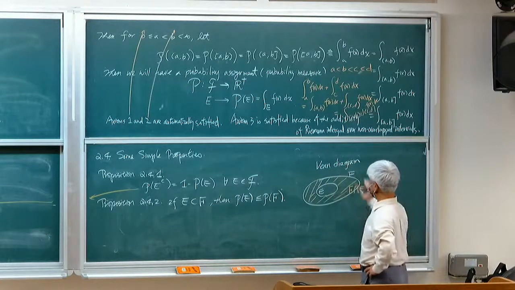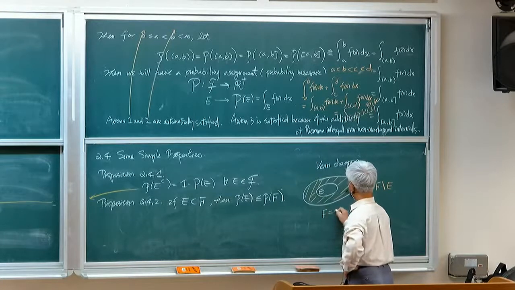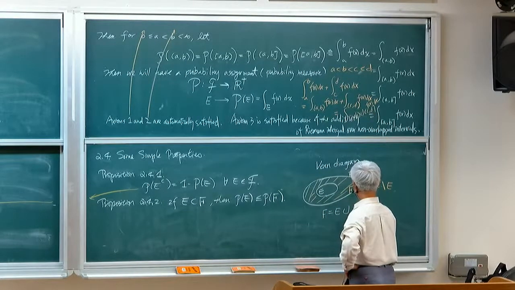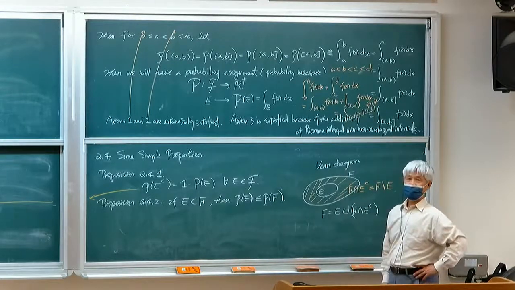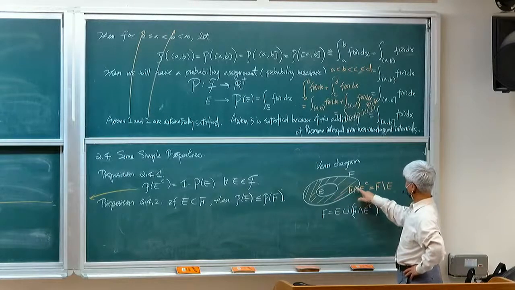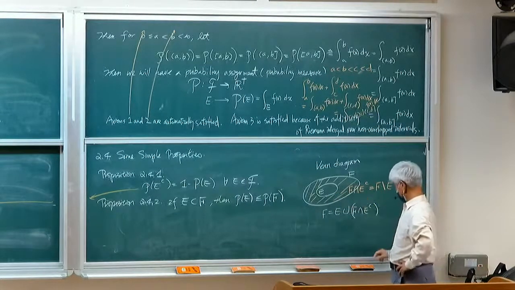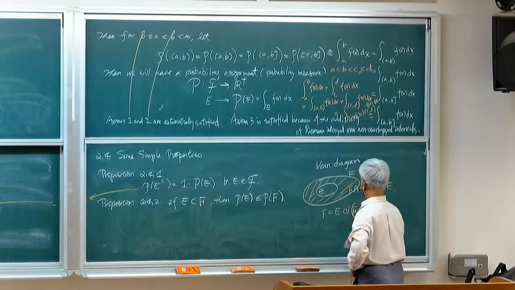From the Venn diagram, it's easy to see that F is equal to E union F intersect E complement. And because E and F intersect E complement are disjoint, we represent this as the disjoint union.